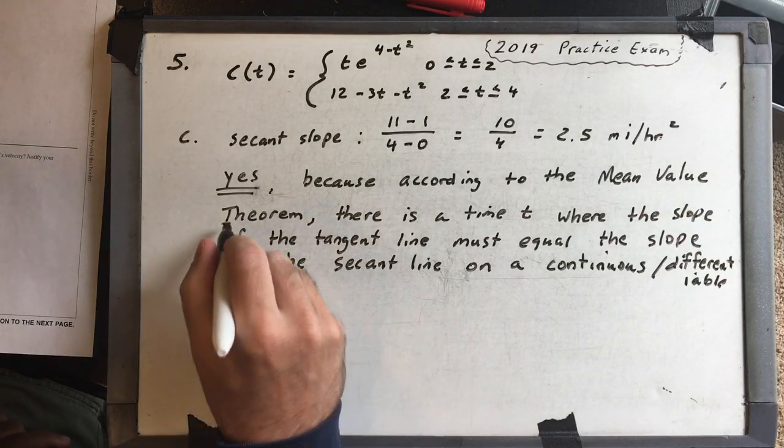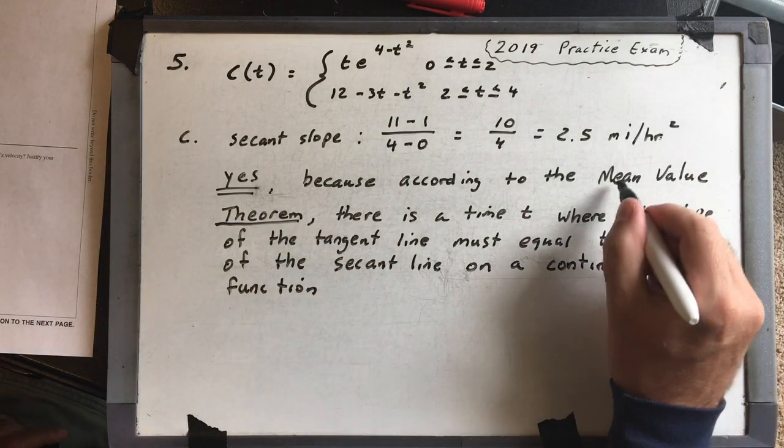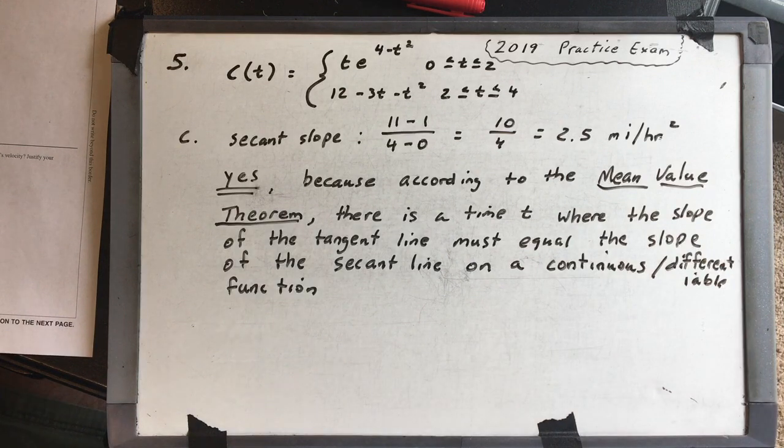So the key thing is the mean value theorem. Show the slope. It's a lot of writing, but you'll have time to write that out.